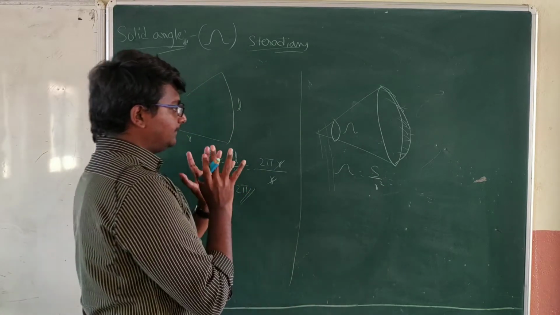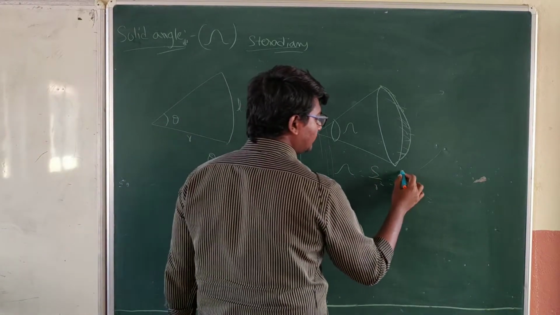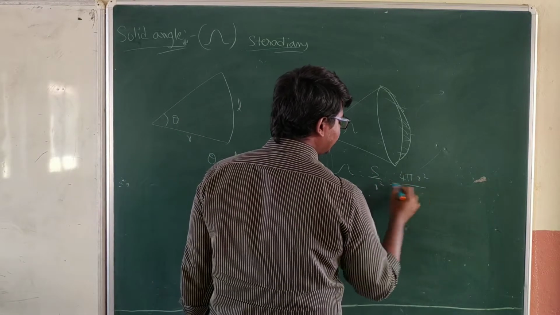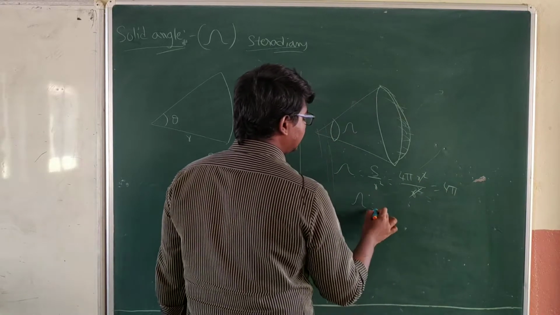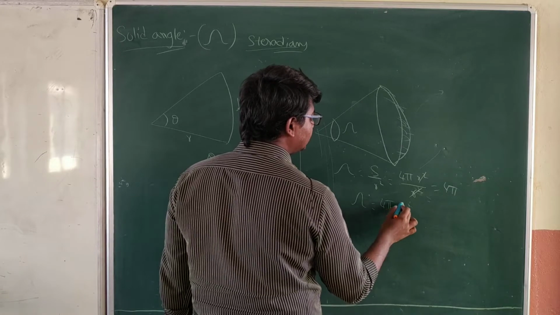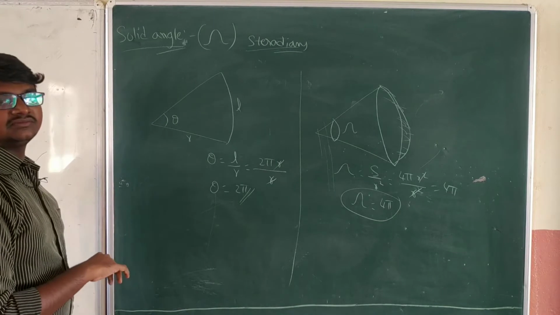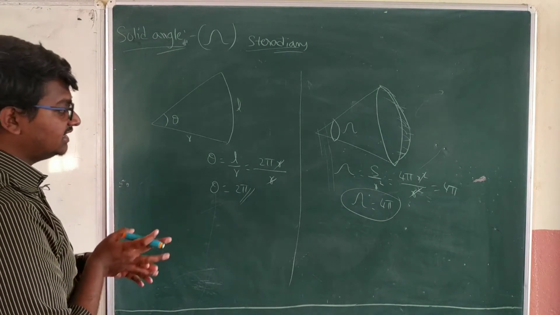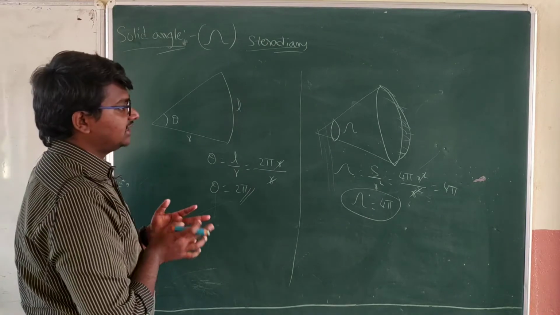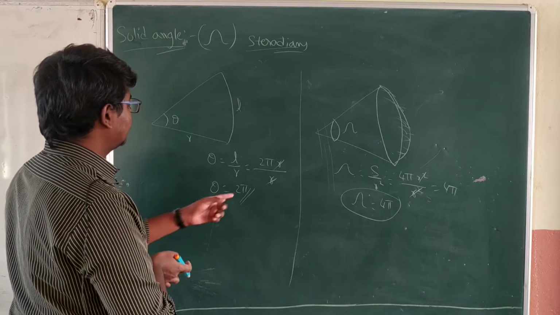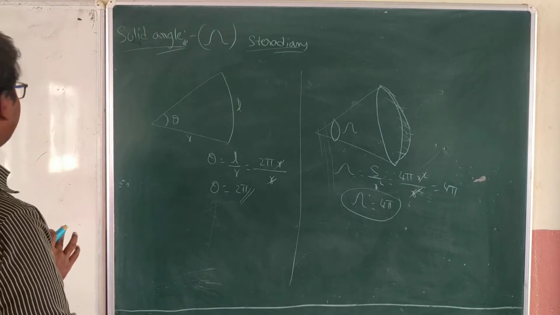See, for a complete surface of a sphere, the surface area of a sphere is what? 4 pi R square divided by R square. R square gets cancelled. What is remaining? 4 pi. It means omega is equals to 4 pi. Means maximum possible solid angle is 4 pi. Maximum possible two-dimensional angle is nothing but 2 pi. Normal angle is 2 pi. That's it. Okay, right.